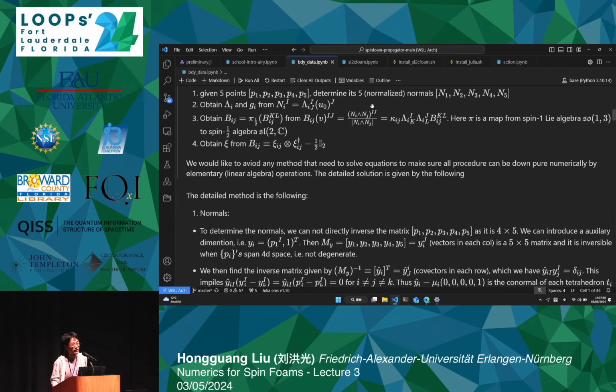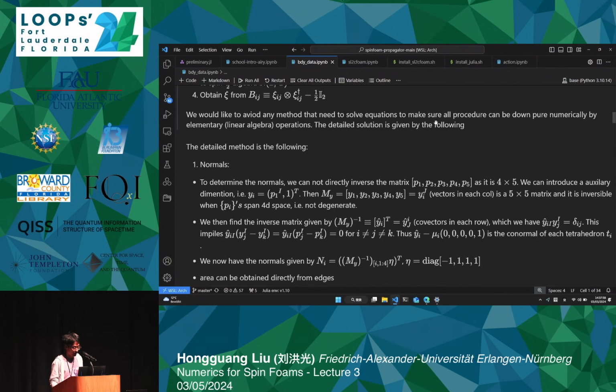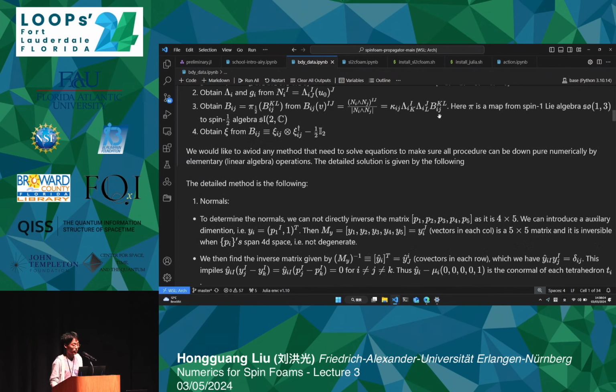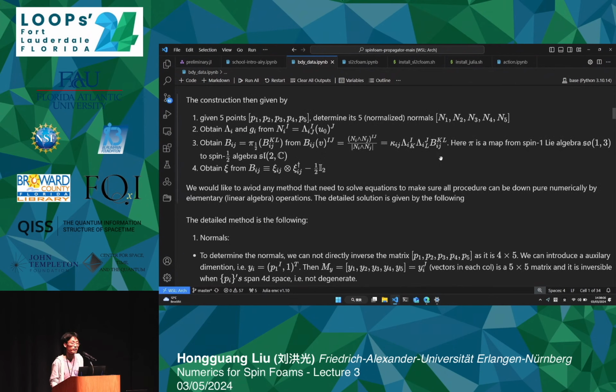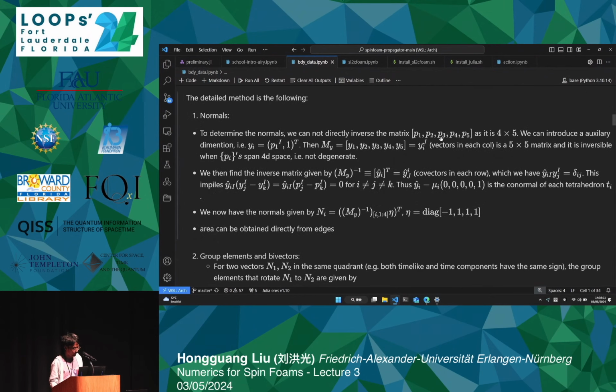We need an algebraic system otherwise. So this is a special method that avoids any solving methods. We directly use elementary linear algebra operations for this procedure.